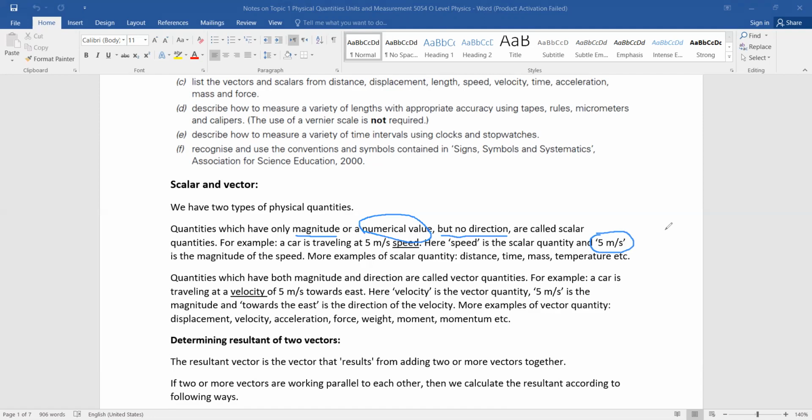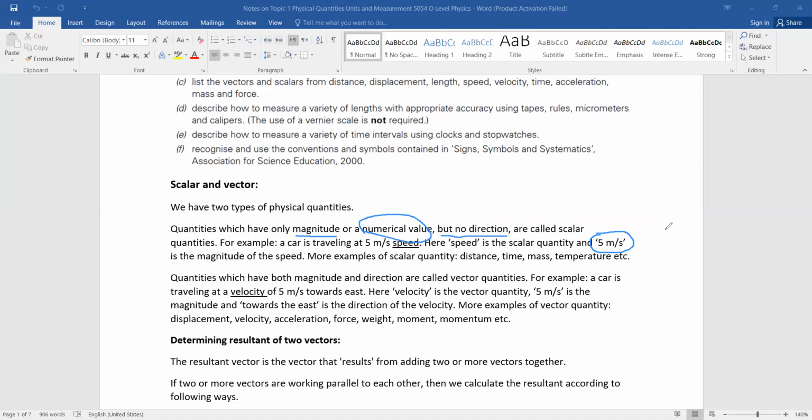Now it's clear, you can say what is magnitude. If anyone asks you, you can answer that it is a numerical value. This numerical value might have one unit along with it, during the description of any physical quantity.